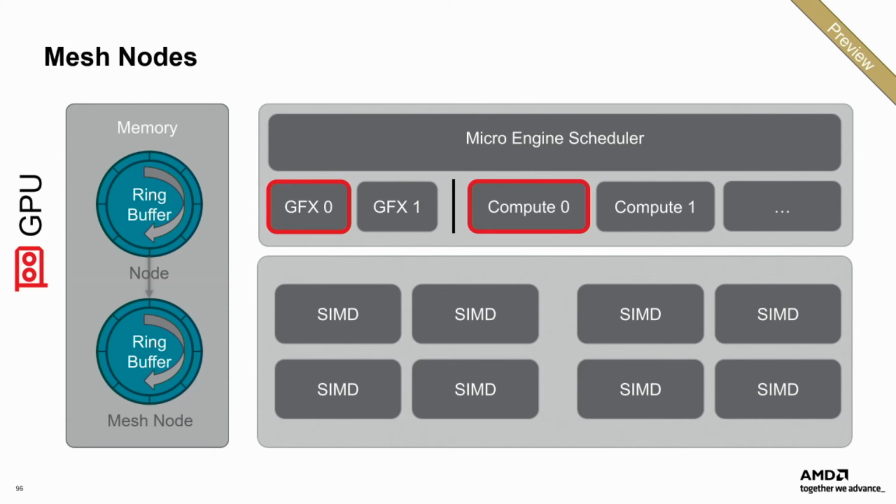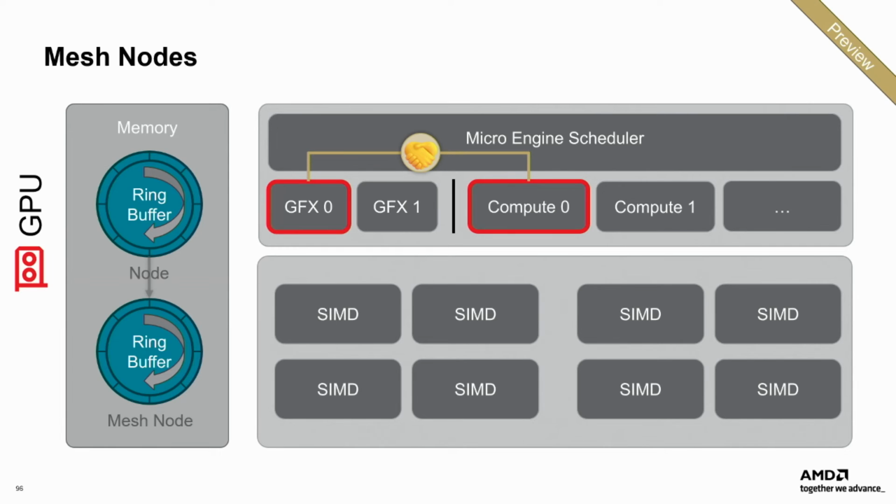But this would mean that we now have a graphics and compute queue working at the same time, and for them to get along nicely, the microengine scheduler can launch them in what's called a gang submit, which joins the two together and says, okay, you now work together on this work graph.